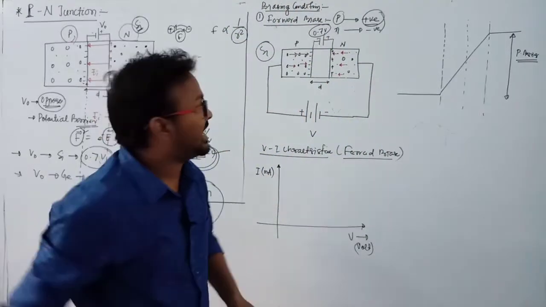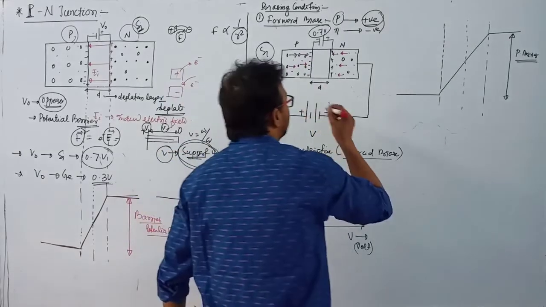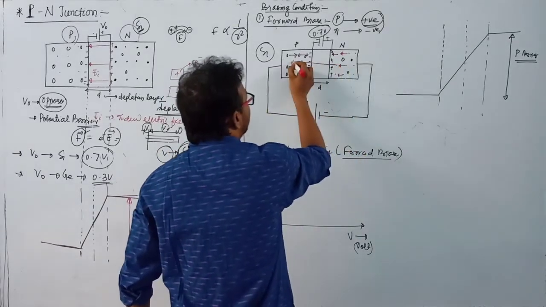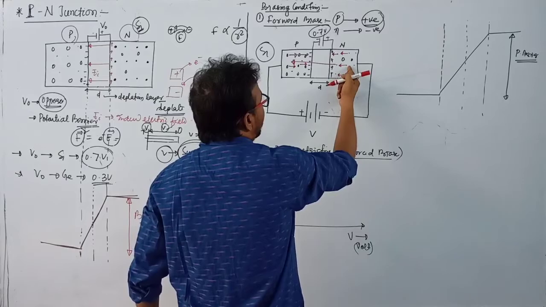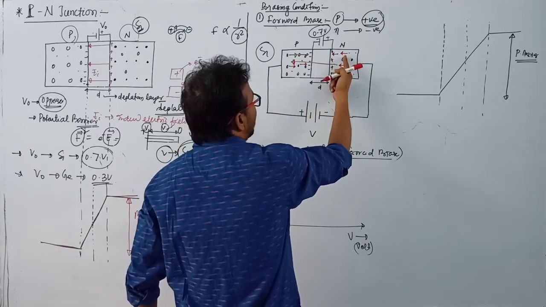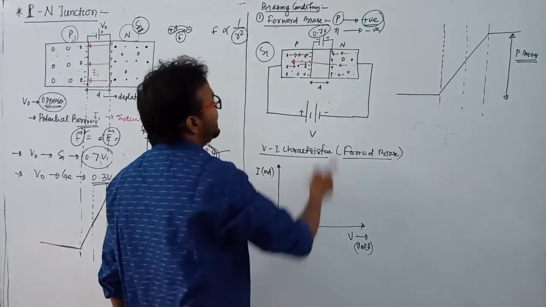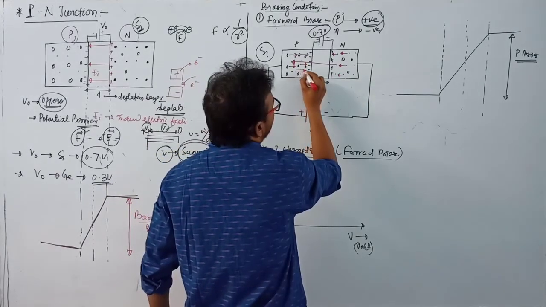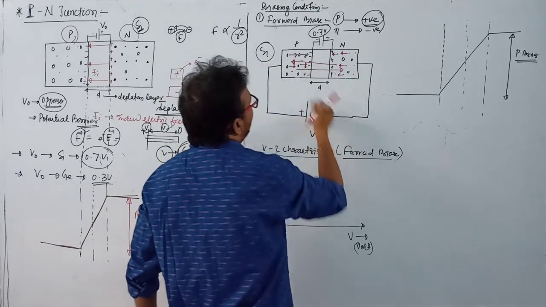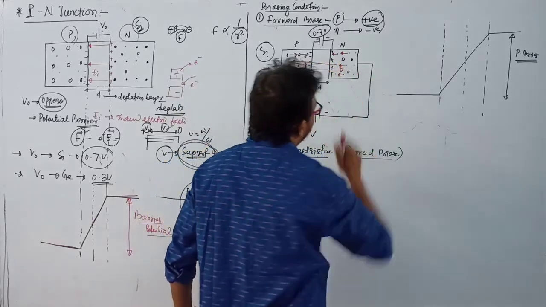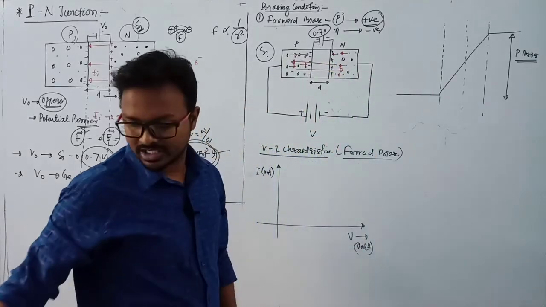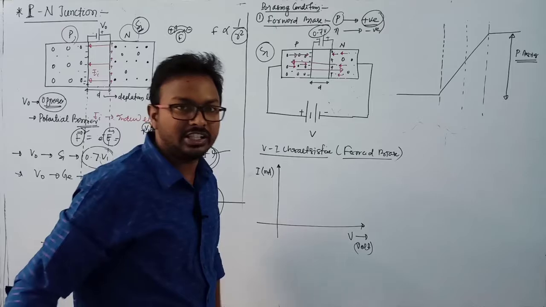When this depletion layer vanishes, at that time the electrons flow from negative to positive, or n-type to p-type semiconductor, and the holes always flow from the positive to the negative terminal, or p-type to n-type semiconductor. Clear?